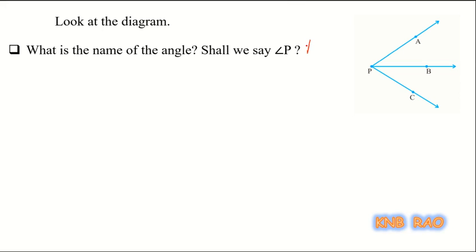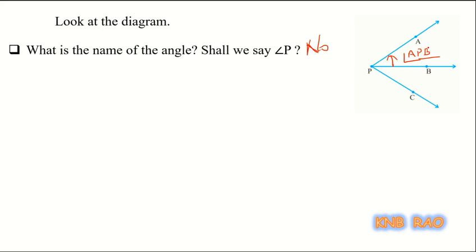No, we cannot say that straight away, because at P we have not one angle, we have some more. Between APB. Why? Because the angle formed by ray PA and ray PB is angle APB.